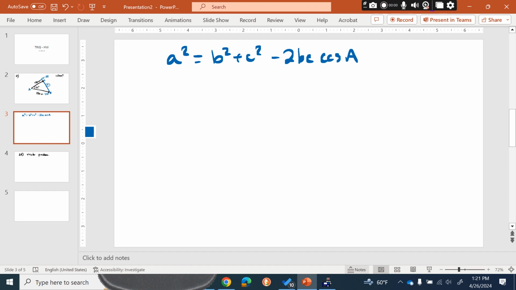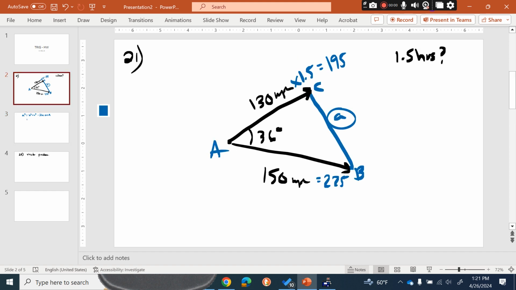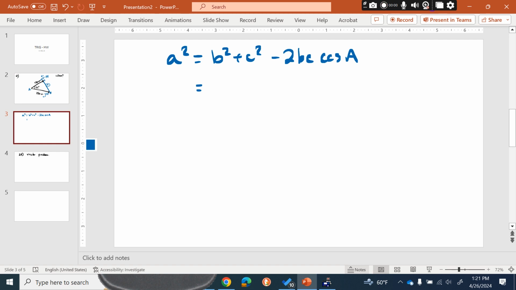All right, putting in the numbers here. I'm going to go back over here. That's B, so B is going to be our 195. Our little c is going to be 225.